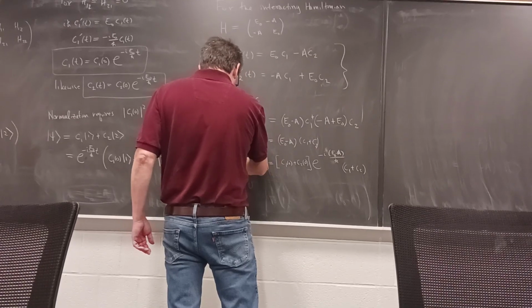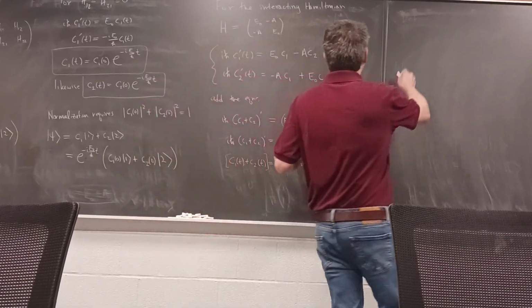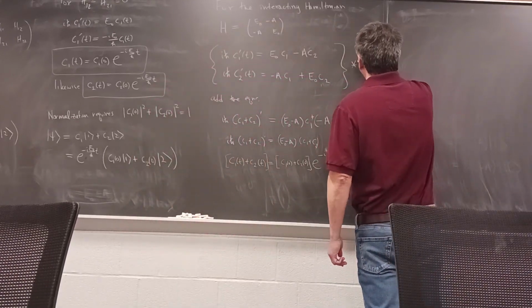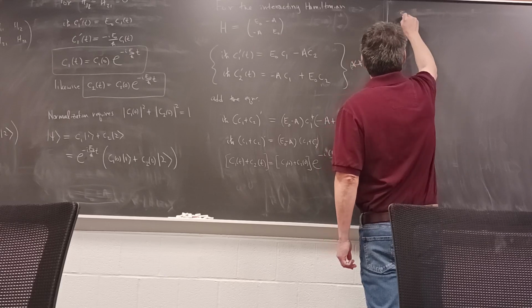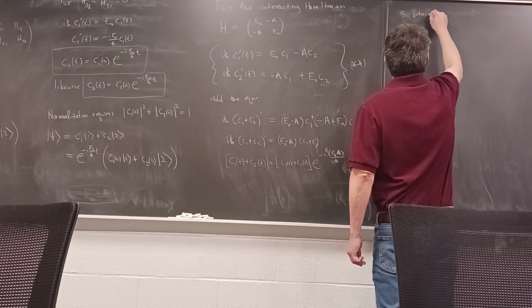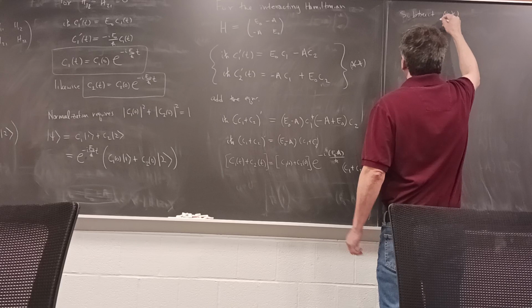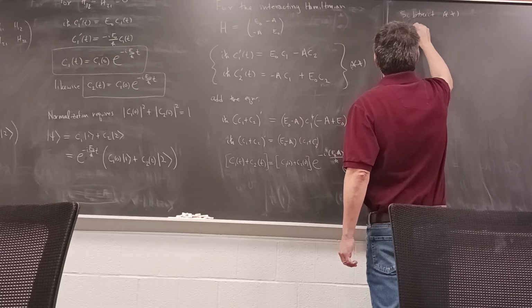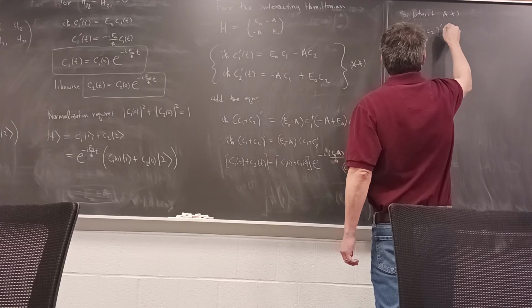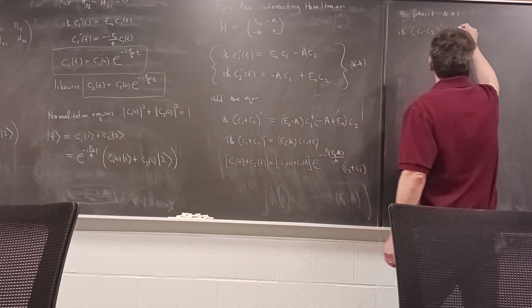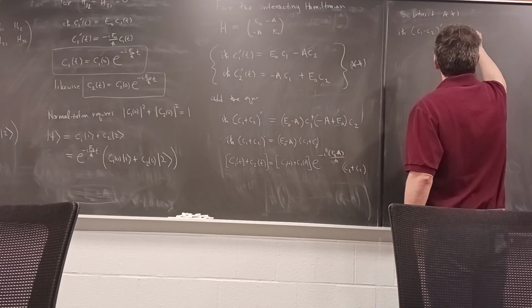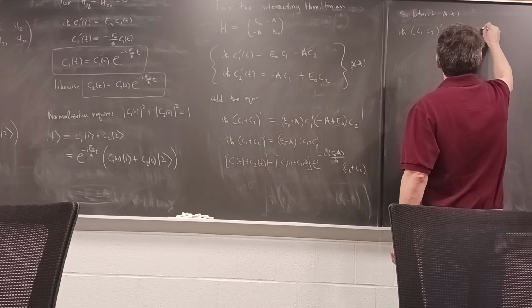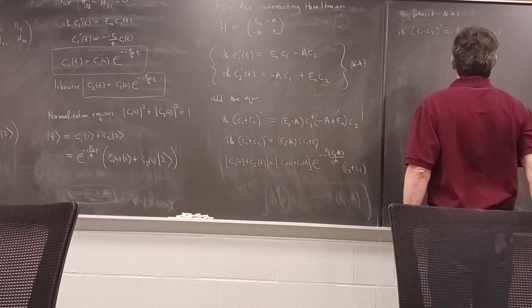So we've got that equation, and then if we subtract them, we'll have iħ C1 minus C2 prime is equal to, now obviously, E0 plus A times C1 minus C2.